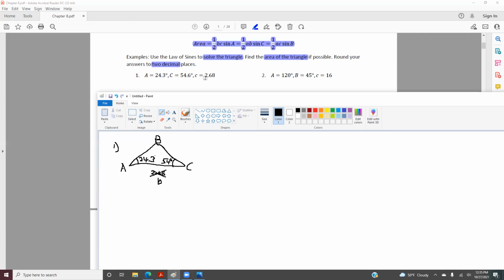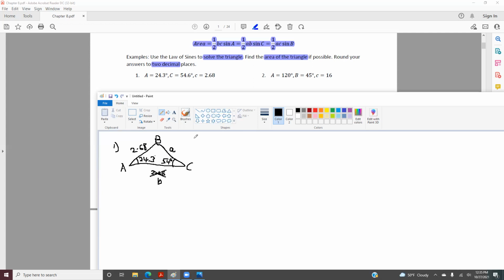So where should we put 2.68? On the left-hand side. And what is this length called? Length A. So make sure you know it's right across from each other. That's why this is the most basic stuff.